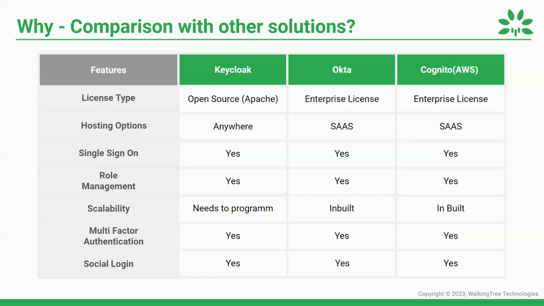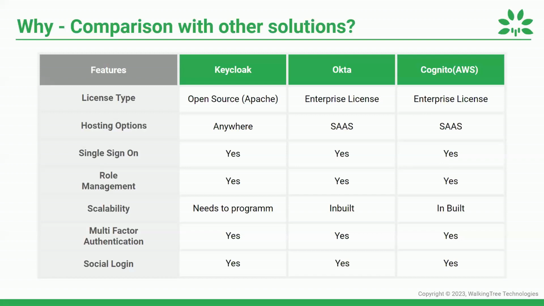Multi-factor authentication is again one of the important features that we should look for when we are thinking about an IAM solution, which is also a highly important topic in today's session, and it is provided in all three IAM solutions. Social login again is provided in all the three solutions.